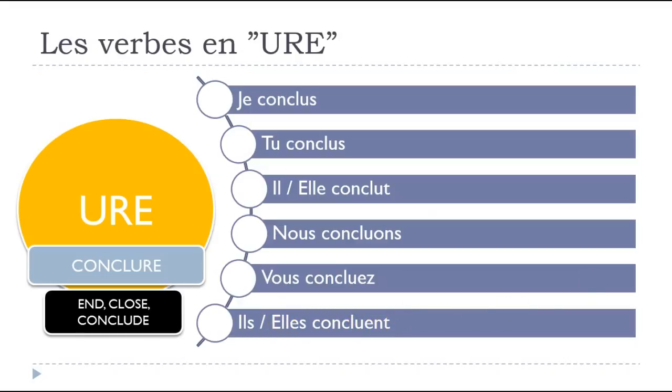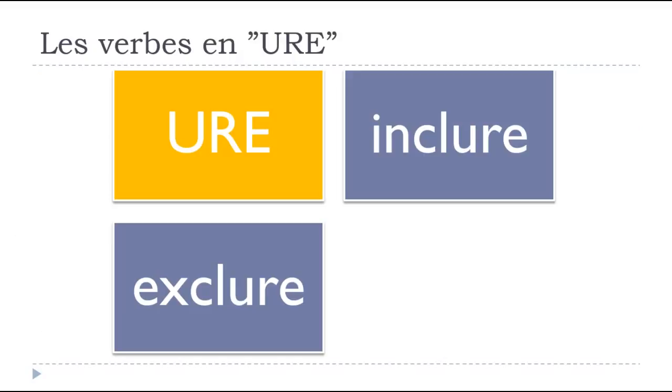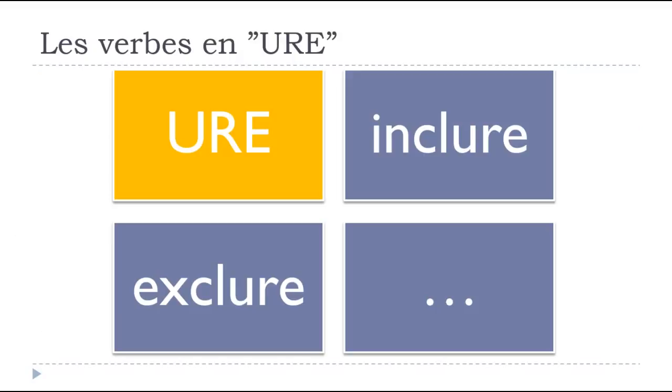And when I say it's a micro group, it's just because you will see that we've got actually two verbs that will be conjugated like conclure. But honestly, it's quite important to introduce them anyway because they are not that tricky to conjugate. And it's inclure and exclure.